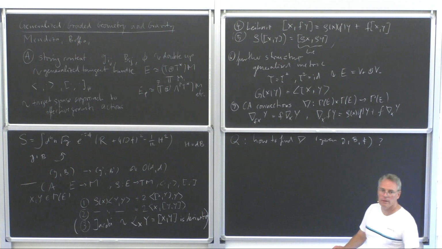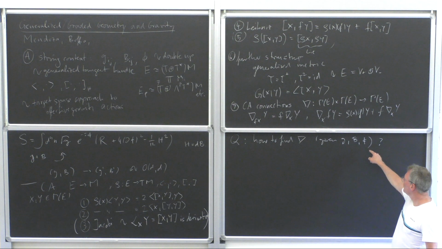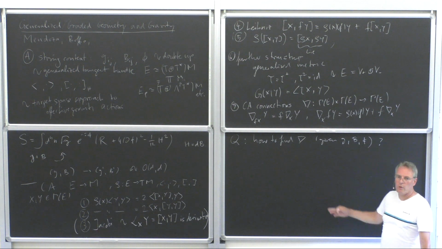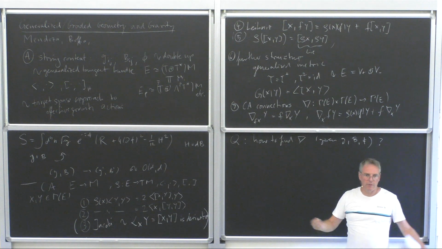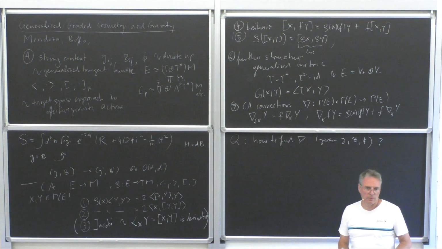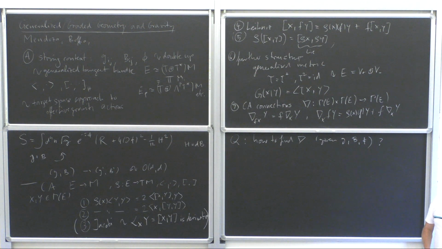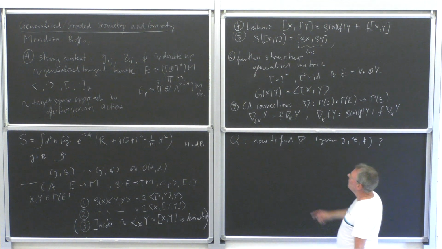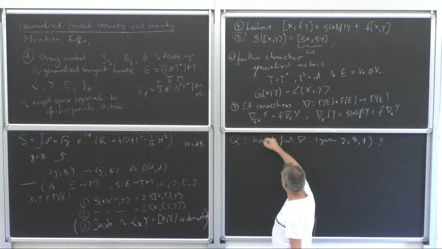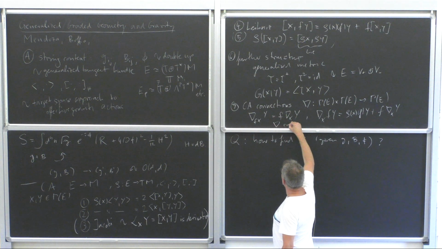Sorry? No, given this data, how do you pick a particular one? So in fact, there are many choices, but you want it to be compatible. Yes, sorry. So this is supposed to be compatible.